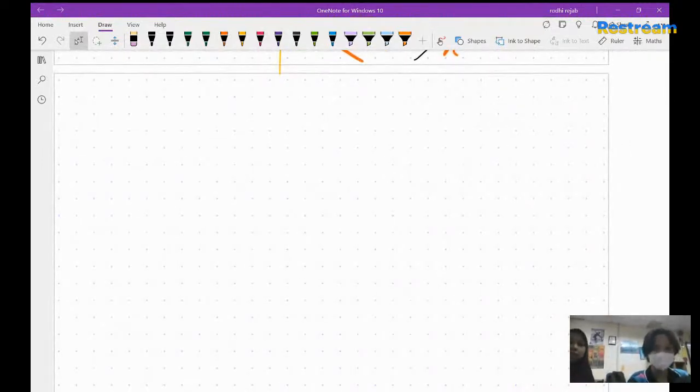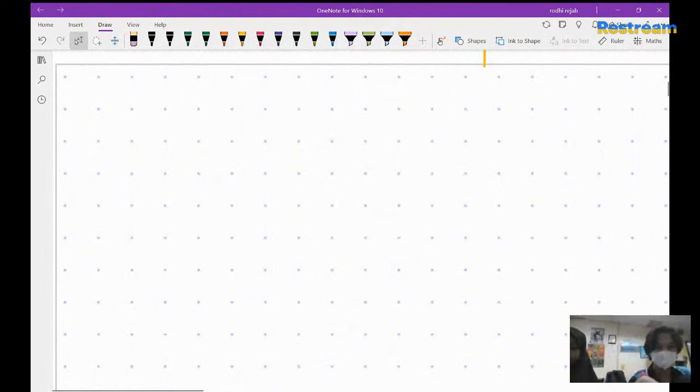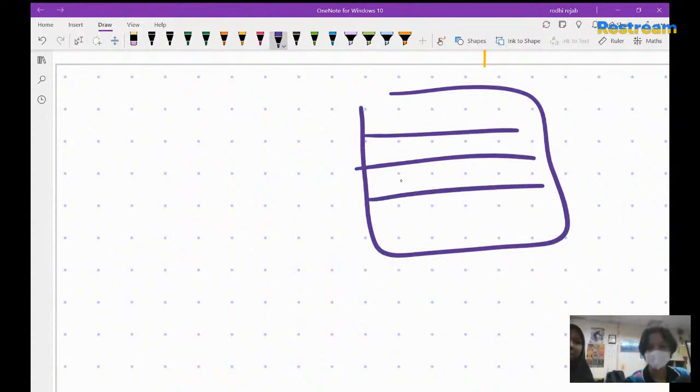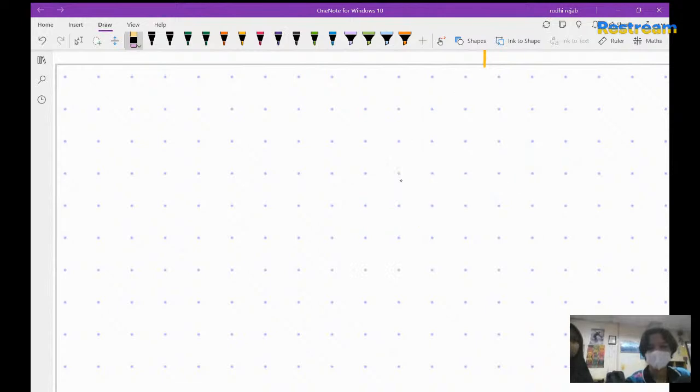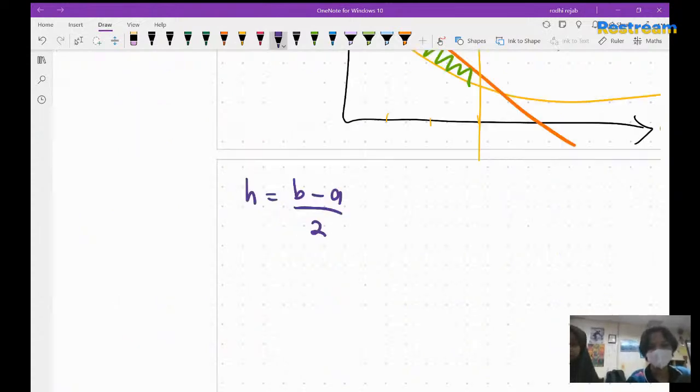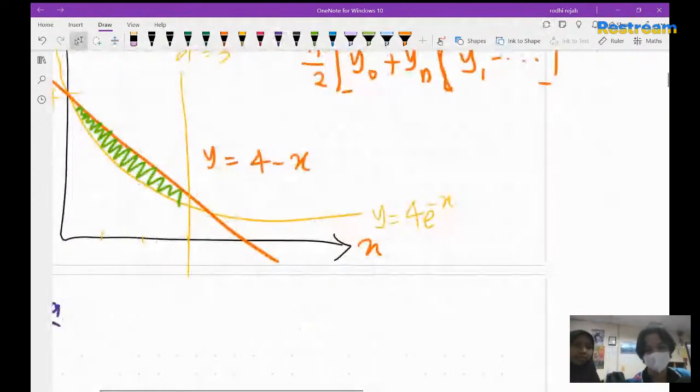First of all, we need to find h. We also have to remember this one, they don't give the formula. So h is, when we make the table, the one that sections each. H equals b minus a over n. Oh, I'm sorry.